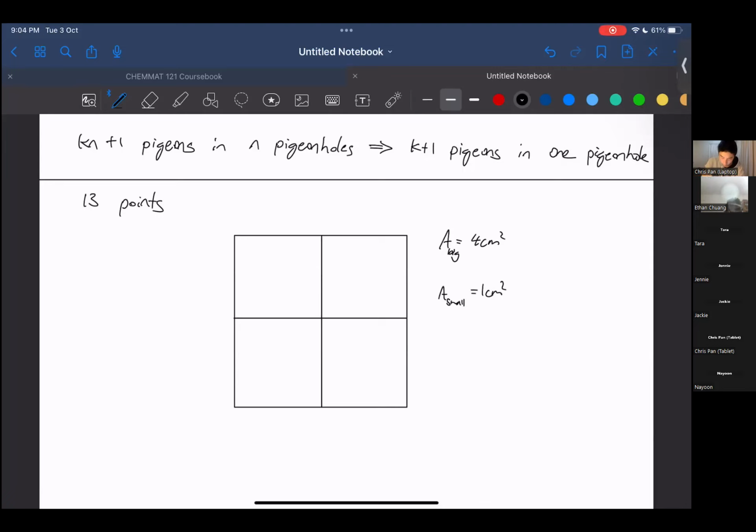So we have 13 points, which are our pigeons, and four small squares, which are our pigeonholes.